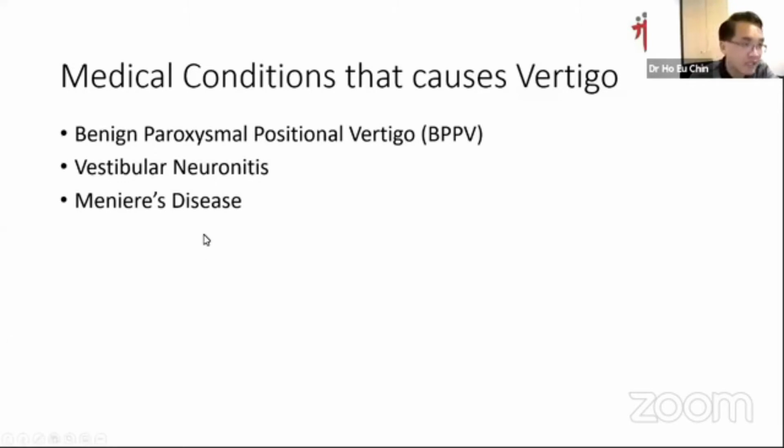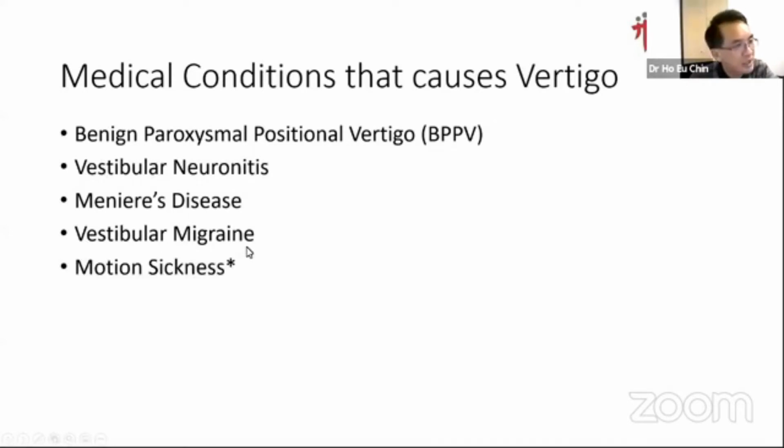Many of you would have heard of this. And the fourth one is probably the most interesting, in the sense that many patients have not heard of it, and even some doctors have not heard of this condition, which is vestibular migraine. And the last one, I'm going to talk a bit about motion sickness, even though technically the patients may not always perceive vertigo, but because it's common, I'm just going to cover all 5 of these.